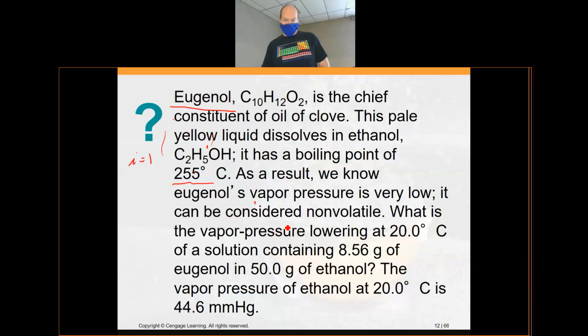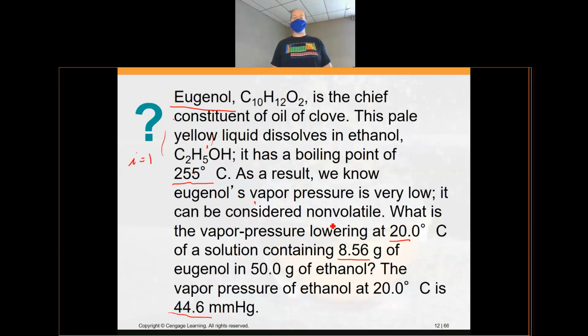All right, so vapor pressure lowering at 20 degrees Celsius of the solution that contains 8.56 grams of eugenol in 50 grams of ethanol. Your vapor pressure of ethanol, which is your solvent, is 44.6 millimeters of mercury at 20 degrees Celsius.